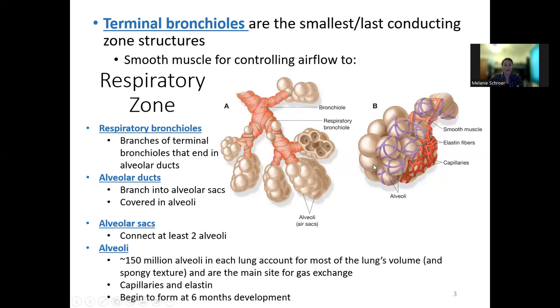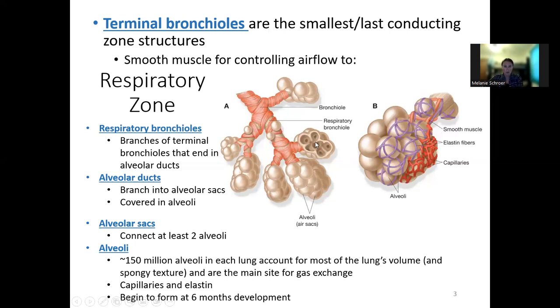So what the heck is an alveolus? An alveolus is singular, alveoli are plural. What I'm referring to are these little spheres here. They look like grapes. If we were to take a section through them, we would see that they are actually hollow spheres into which air is going to flow.